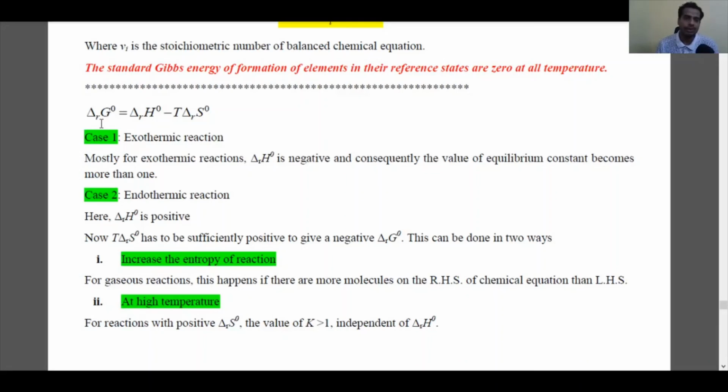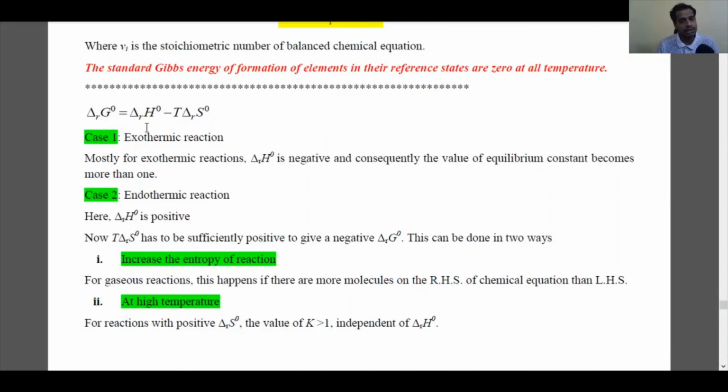From thermodynamics we know that Gibbs energy is negative means the process will be spontaneous. So for an exothermic reaction, the value of the equilibrium constant will become more than 1 because delta R G0 is equal to minus RT ln K. So if this delta R G0 is negative, K will be more than 1, meaning the reaction will proceed towards the forward direction.